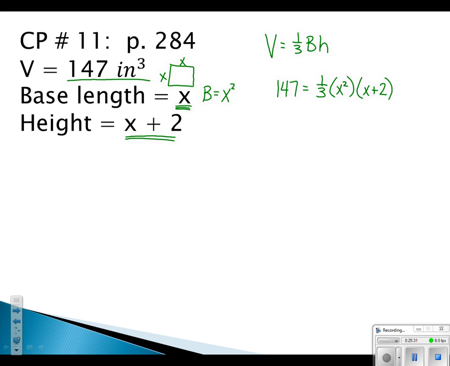So I multiplied both sides by 3. That makes a 441 here. My fraction's gone. I can multiply the right-hand side together. So distribute. And then I brought the 441 over to join the party.